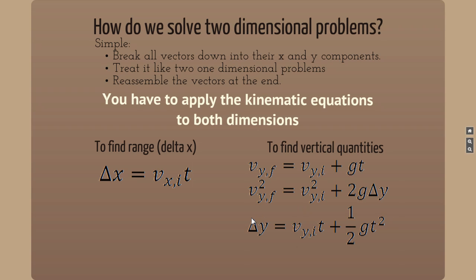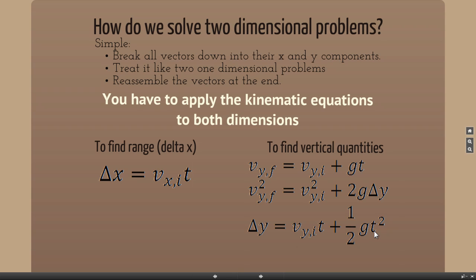All right, and then our change in vertical position equals our initial velocity in the y direction times our time plus 1/2 times the free fall acceleration of gravity times time squared. Now, the most common use of these equations is you will use this bottom equation on the vertical side, the y side, to find out our time.